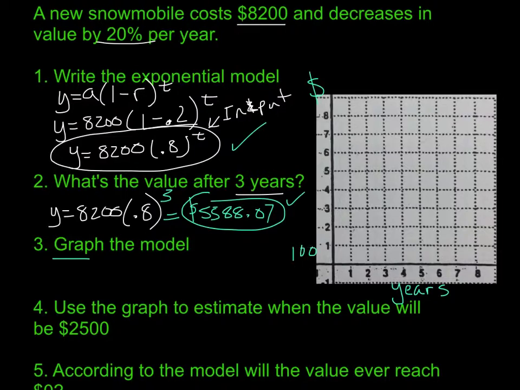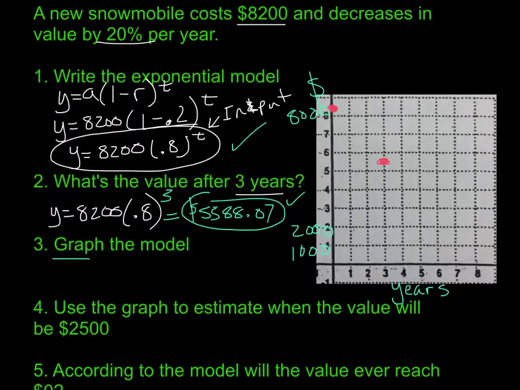How about we do $1,000, $2,000, you get the idea, all the way through $8,000. So this will just be the number in thousands of dollars. Now, I already have a couple of points here. I already know that at the beginning the item is worth $8,200. So let me drop a dot there right above 8,000. And I also know after 3 years we found out it was worth $5,500. So let me plot that at 3 and then right in between 5 and 6.